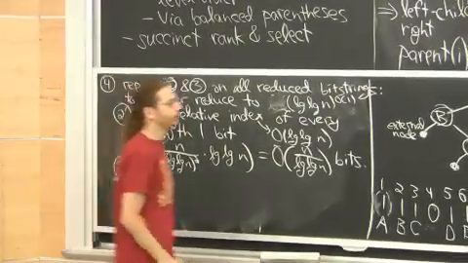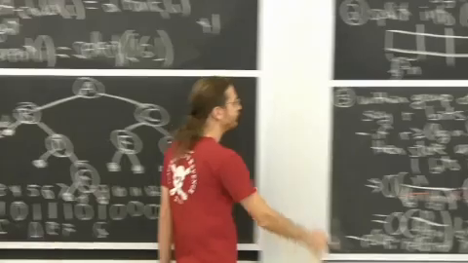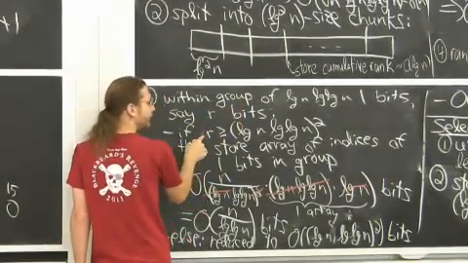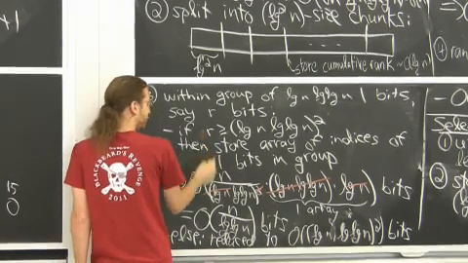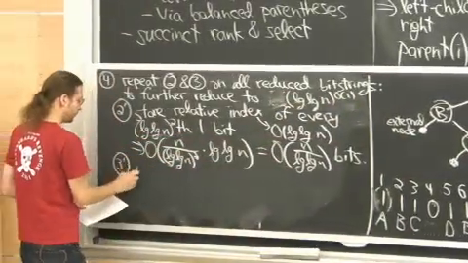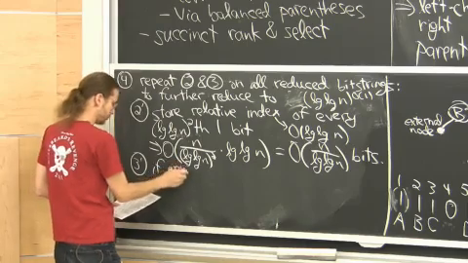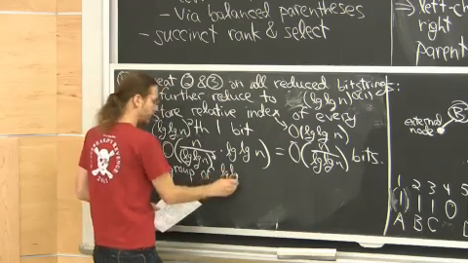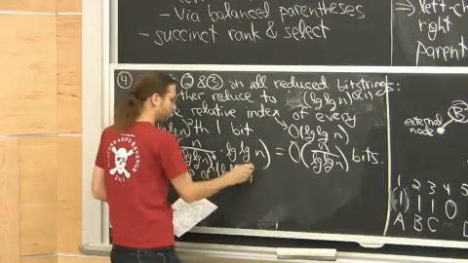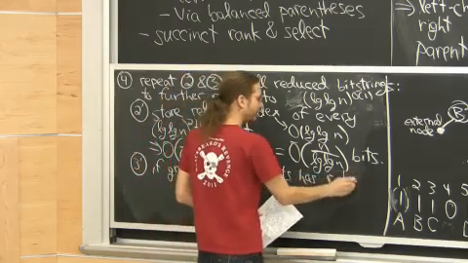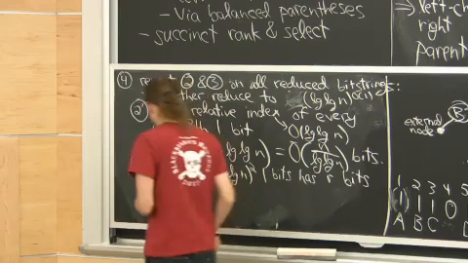Okay, then we apply step 3 prime, which is we look at each of the groups that we've identified, and either it's big and it has lots of 0 bits, or it's not big. And in either case, we're going to be happy. So if a group of log n squared 1 bits has r bits, we look at each of them individually.